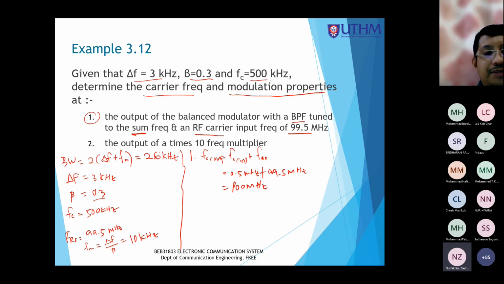And the rest of the parameters would be the same.